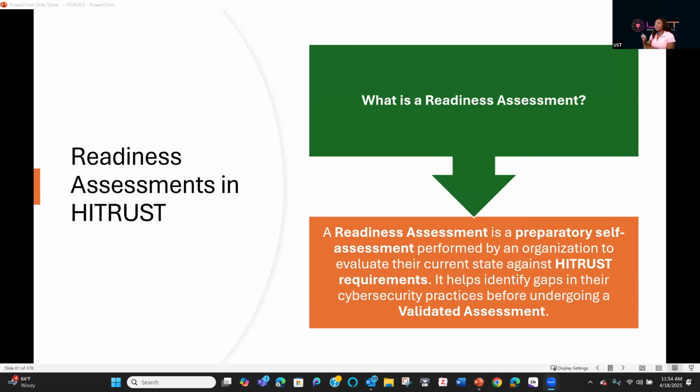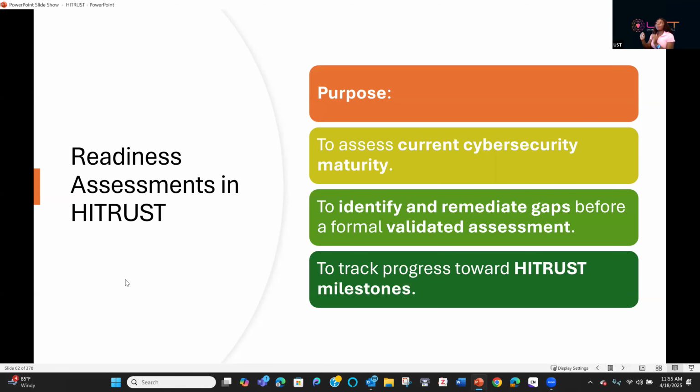And that's why it says a readiness assessment is a preparatory self-assessment performed by organizations to evaluate their current state against HITRUST requirements. It helps identify gaps in their cybersecurity practices before undergoing validated assessment, right? So what's the purpose? First, to assess security practices, to assess current cybersecurity maturity, to identify and remediate gaps before a formal validated assessment.